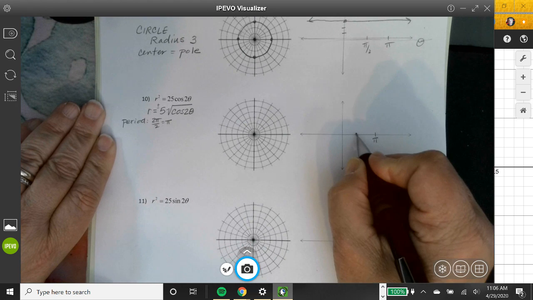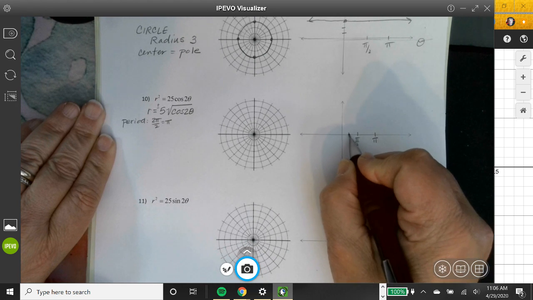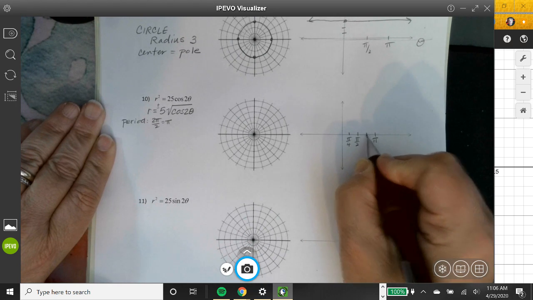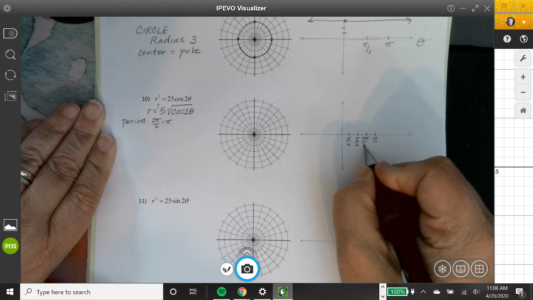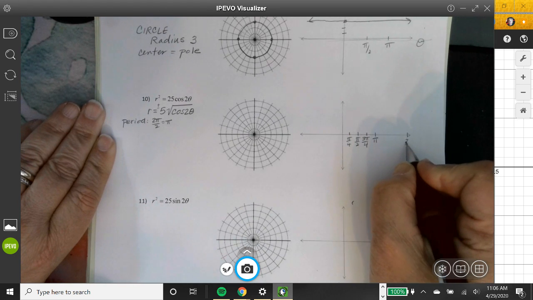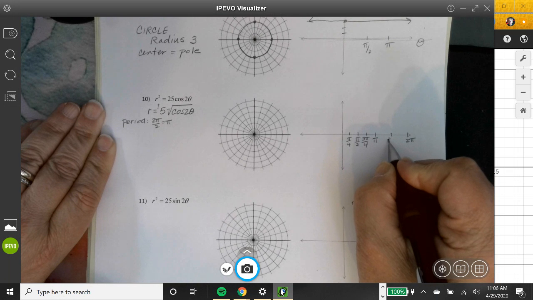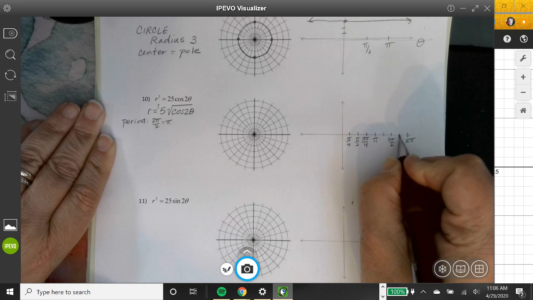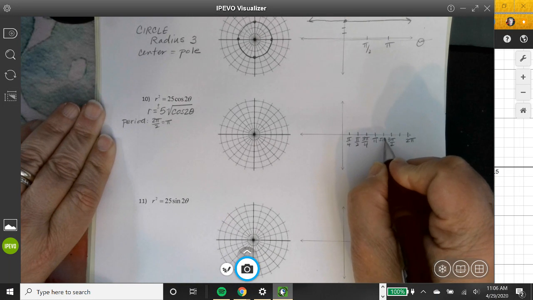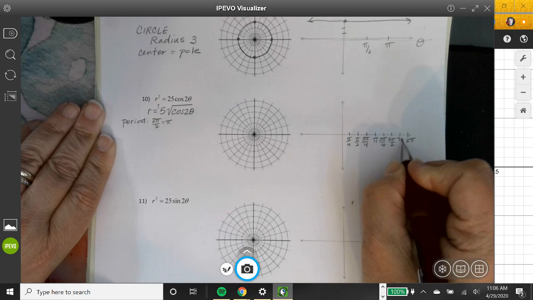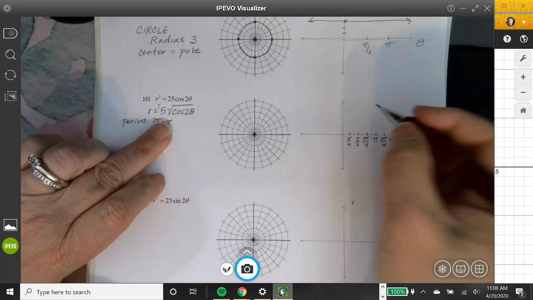This is pi, half, pi over 4, 3 pi over 4, and we're going to go to 2 pi here. 3 pi over 2 is halfway. 5 pi over 4, 7 pi over 4. Amplitude here is 5.